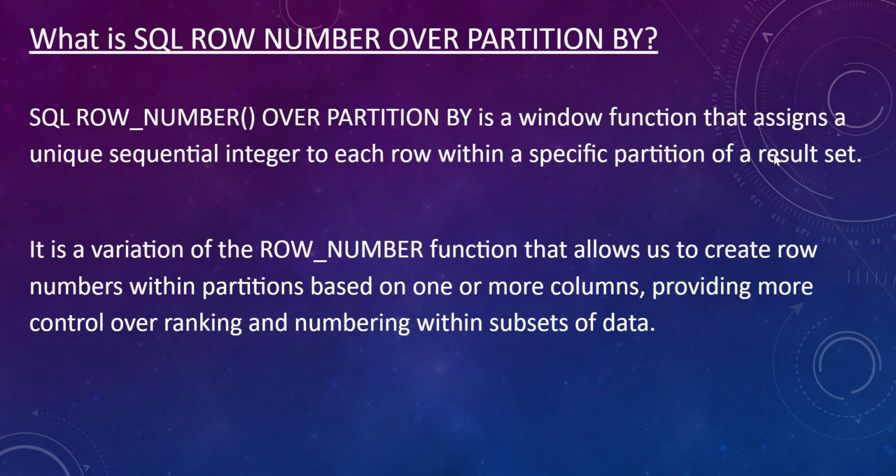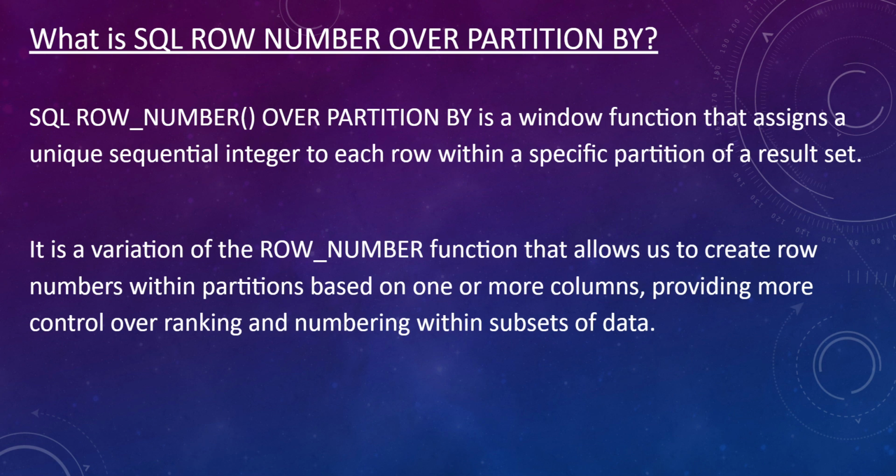If you remember our example of rank and dense rank, we discussed a table in which we were giving ranks to the employees on the basis of their seniority, and there were three or four levels: junior, then mid level, then senior level. So junior is one partition, mid is another partition, senior is another partition, and there can be any number of employees within each partition.